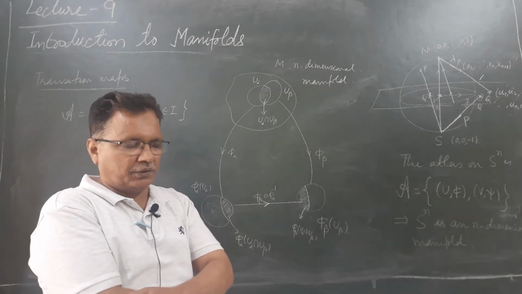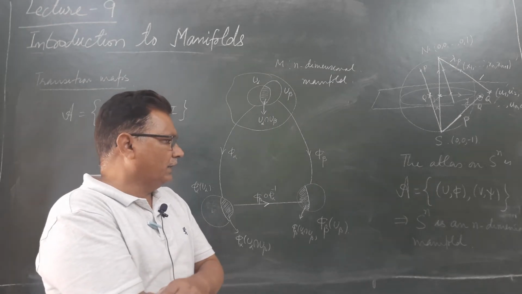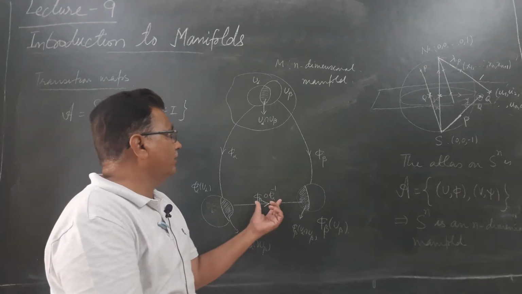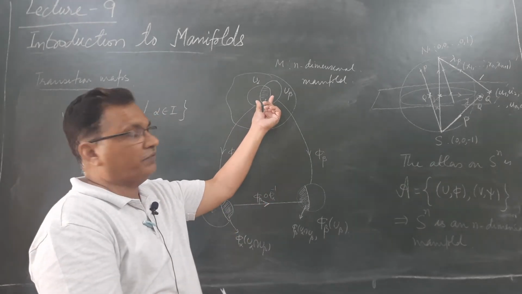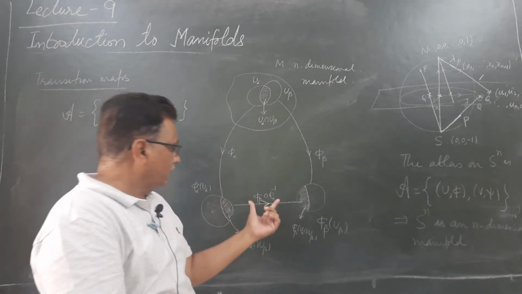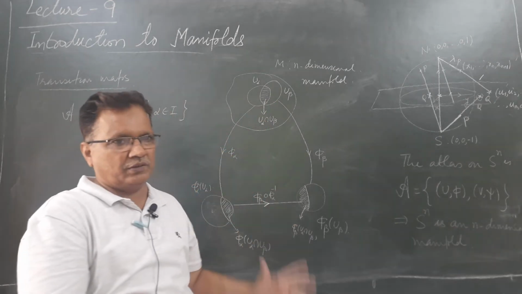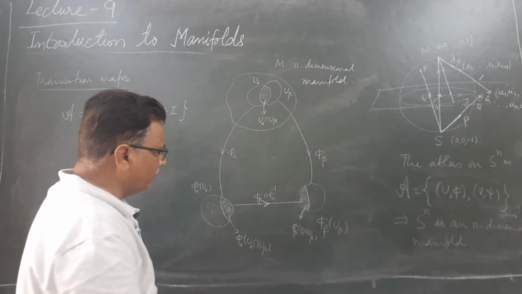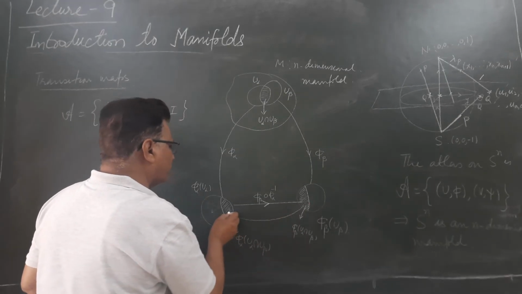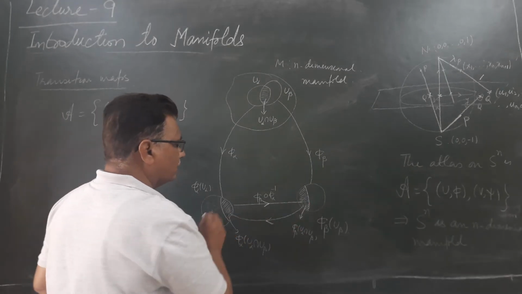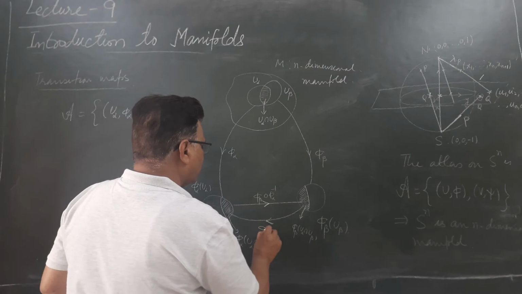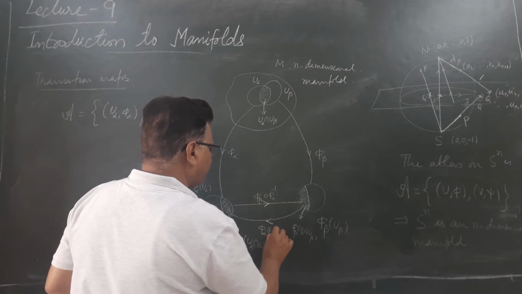But first let me say that whenever there is an intersection between two coordinate neighborhoods, there will always be such a map available. And similarly, I can think of this map also from here to here. This map will be phi alpha composition phi beta inverse.